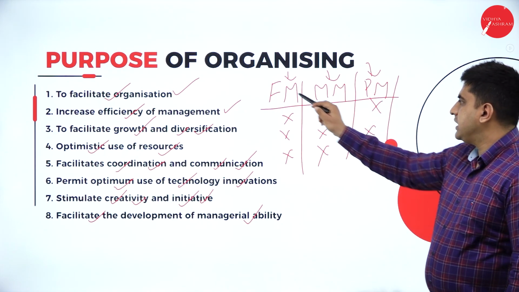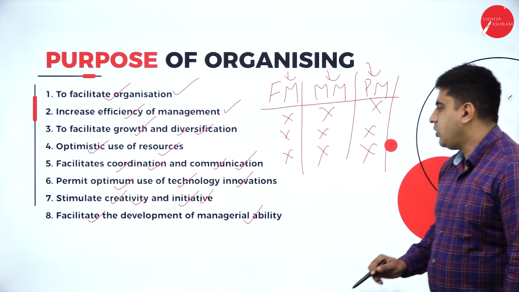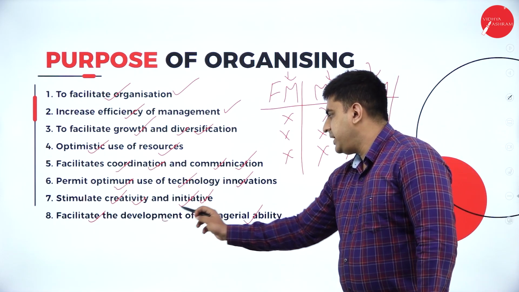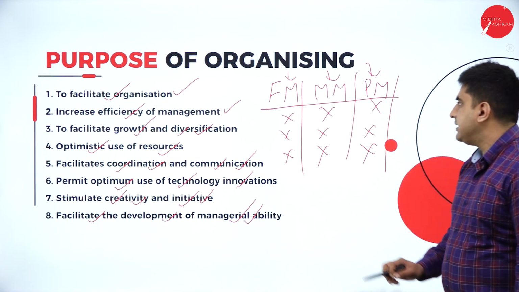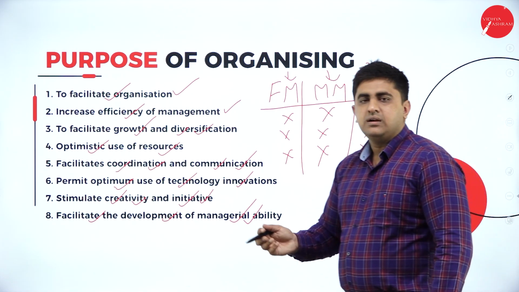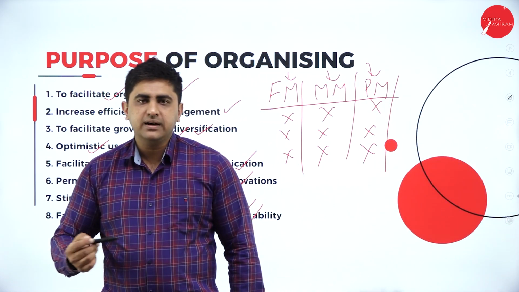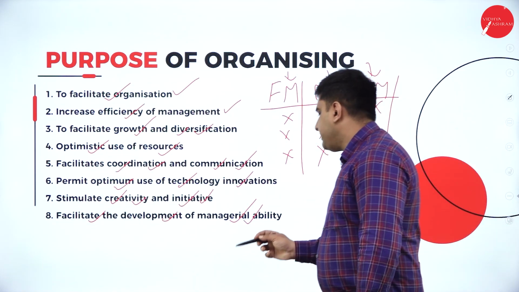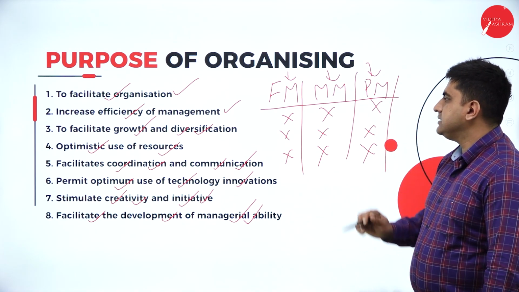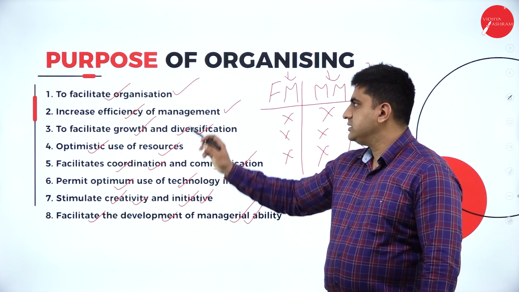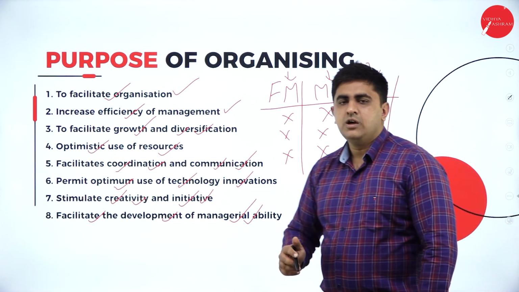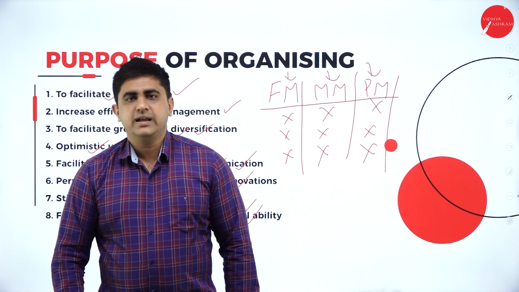So here you are giving them duties. So what is happening? You are developing their managerial ability. That is, you are giving them authority to make use of the workers, and in turn you are developing their managerial ability. This is regarding the last point. So this is the purpose of organizing. That is, for what purpose you are organizing.